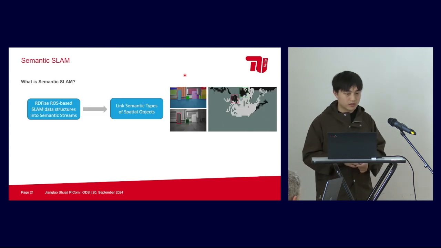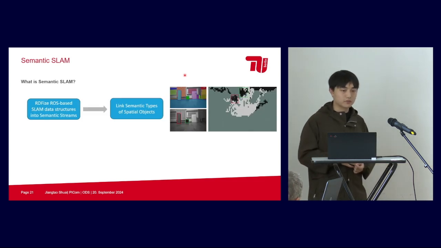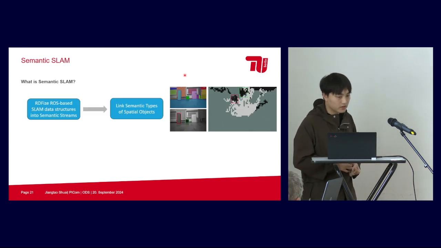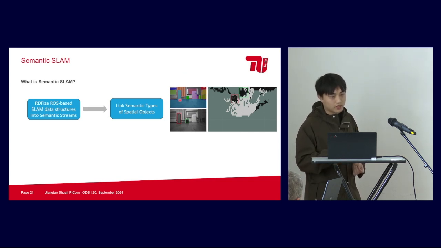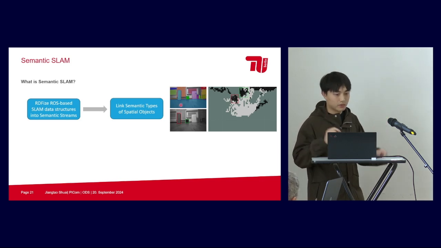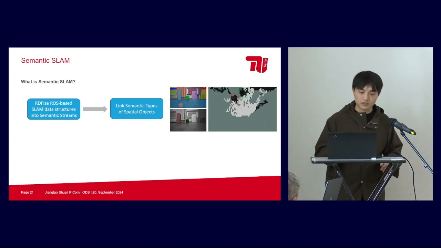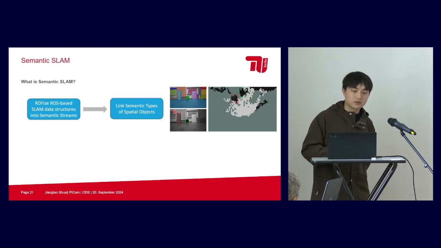So after that, we need to link semantic types to spatial objects. In the right picture, you can see there are two images. This one is for instance segmentation. We can see different colors represent different types of objects, or different instances actually. This is based on the detection from the bounding box. And then we will assign the semantic meaning of each object.